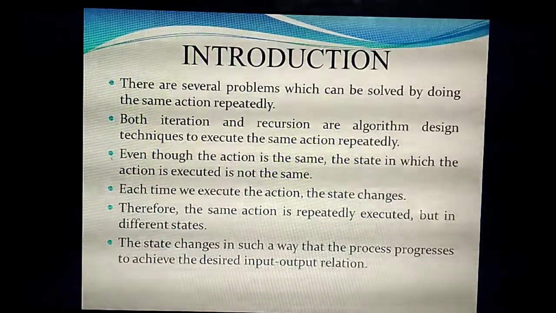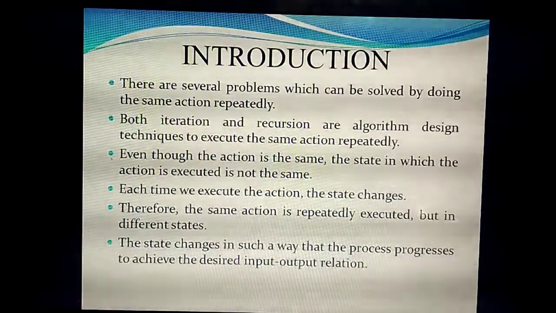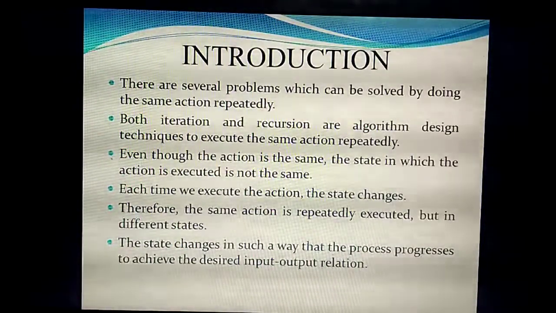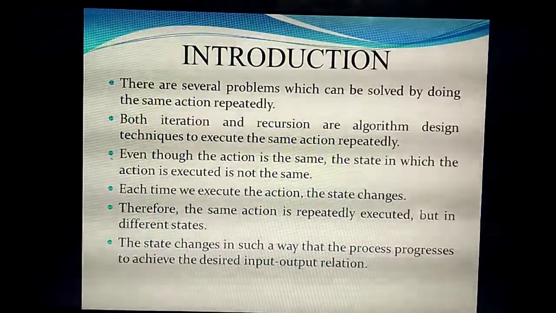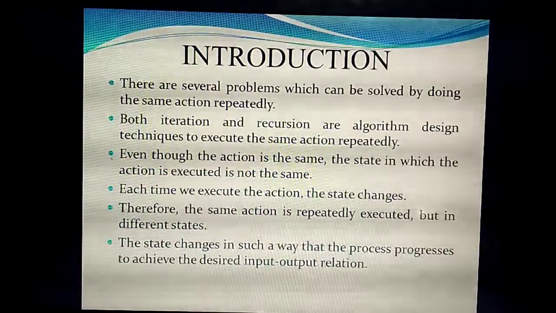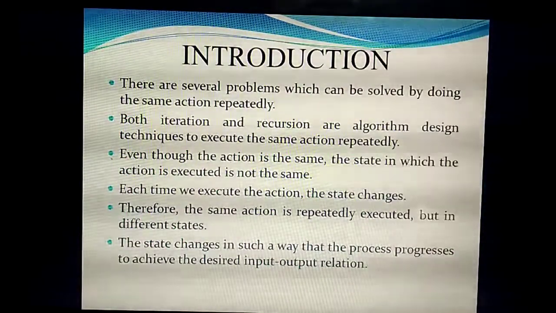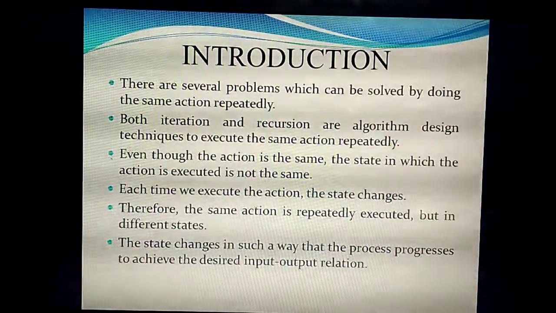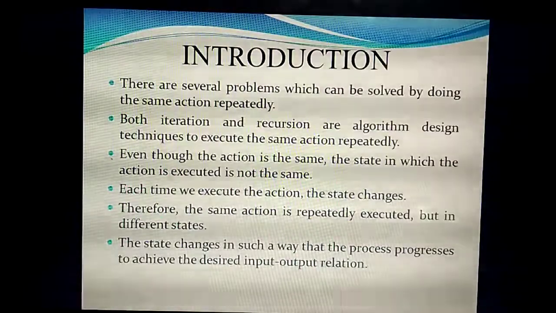Green means you need to walk, red means you need to stop. Either the red light blinks or the green light blinks. So the action is the same, but the state is different.